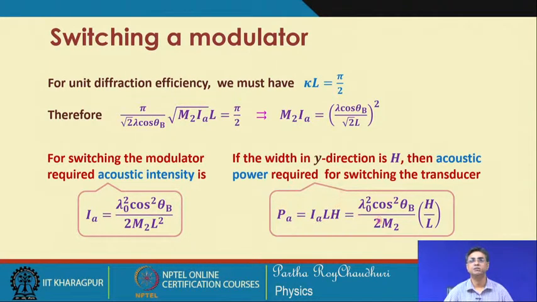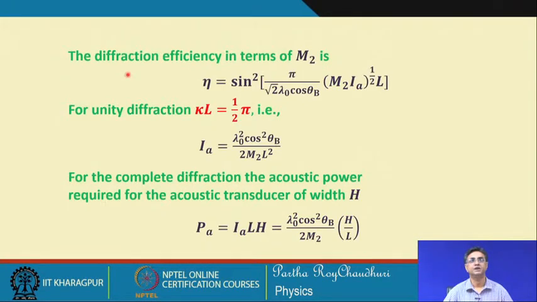So, we can use some numbers to see what is the power requirement for switching the modulator, like the case we discussed in electro-optic switching, where we defined the half voltage. The diffraction efficiency, putting kappa L equal to pi by 2, gives the intensity requirement.